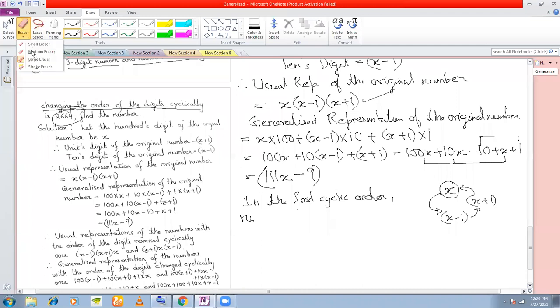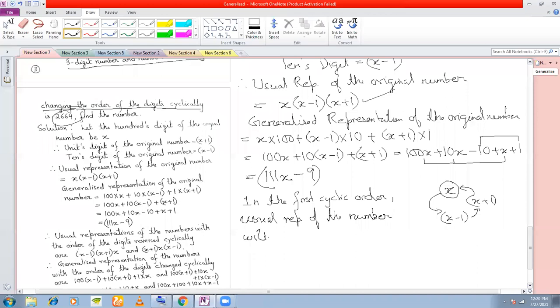So the usual representation of the number with its digits reversed in cyclic order: the original number starts with x, right?